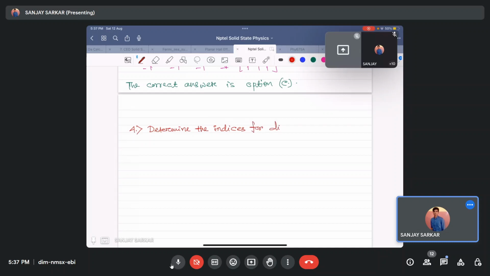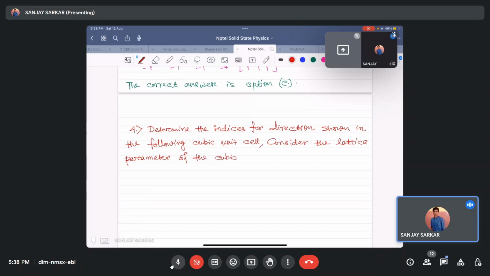This is for the direction shown in the following cubic unit cell. Consider the lattice parameter of the cubic unit cell is A.